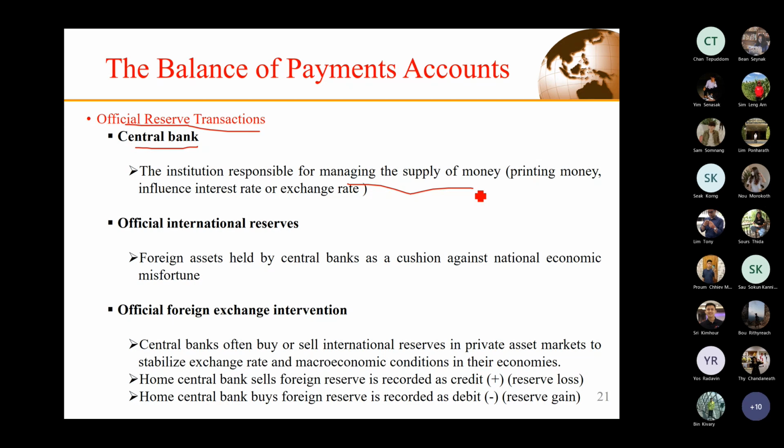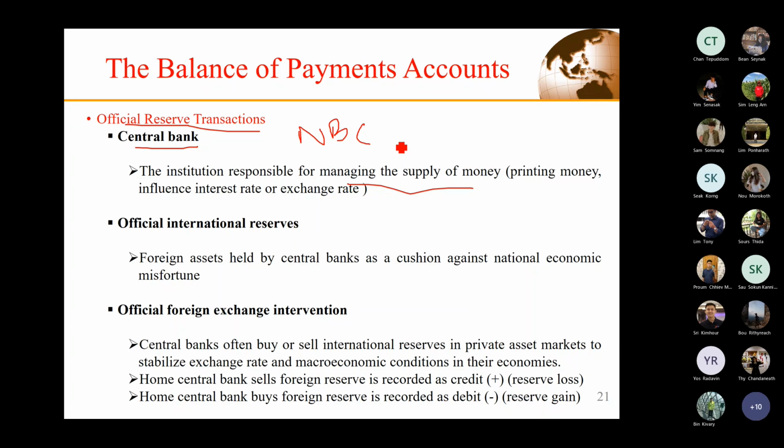Generally, in one country you have only one central bank. For example, in Cambodia we have the National Bank of Cambodia. In China you have the People's Bank of China.